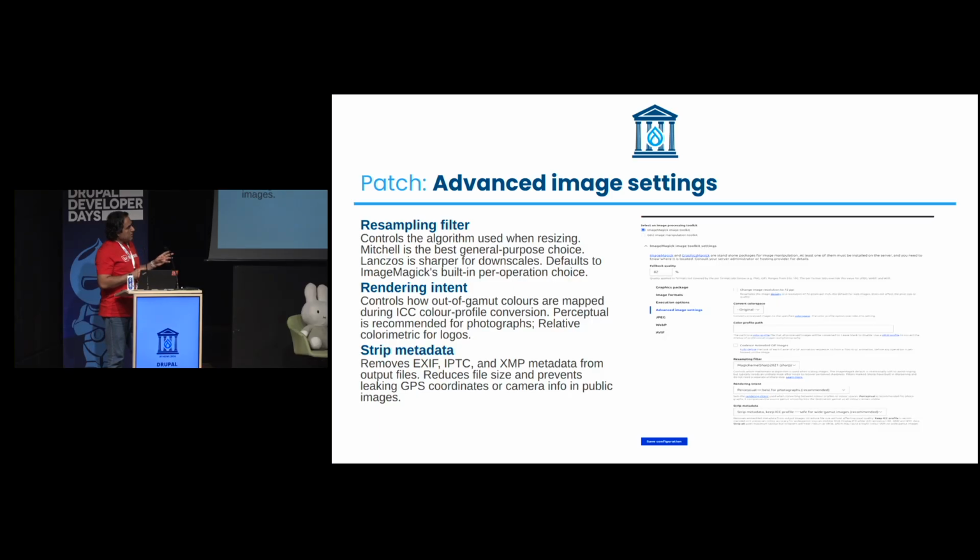By using those, you can really enhance the quality of your image while also reducing its size. Some of those are resampling filters, rendering intent, and stripping metadata, and I put those in an advanced tab, as you can see.